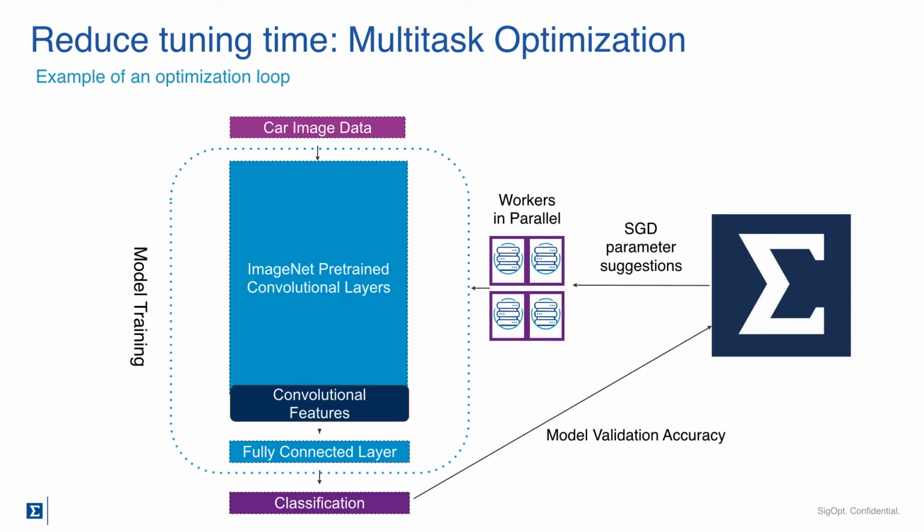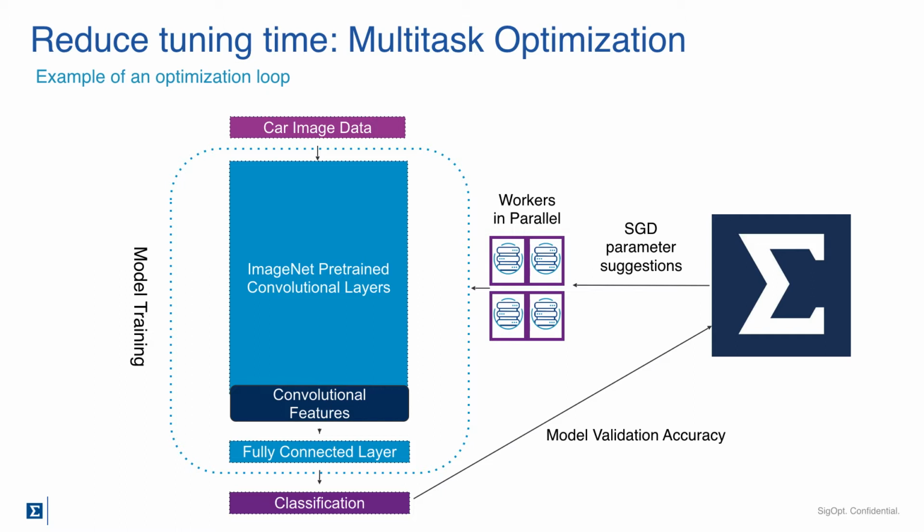And lastly, we're going to use multitask optimization to effectively tune our model. So here we have a standard SigOpt hyperparameter optimization loop. SigOpt, which is this sigma on the right, is our Bayesian optimization hyperparameter tuning platform. SigOpt will provide stochastic gradient parameters to our model.